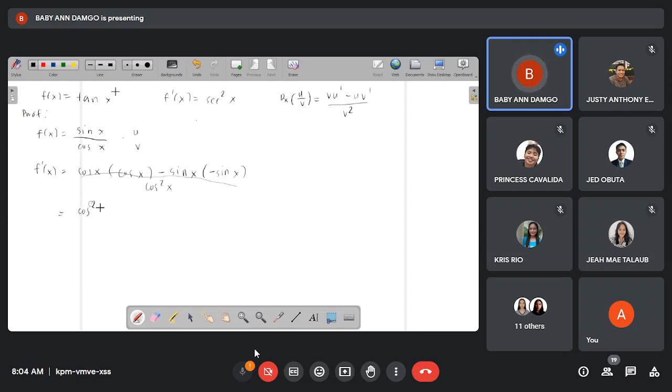This is cosine squared x plus, this is positive sine squared x all over cosine squared x. Okay, ang identity nga magamit, cosine squared x plus sine squared x is 1. Okay, very good. It's 1 over cosine squared x. Next, unsa ang gamiton nga identity nga wala na siya denominator. Students.